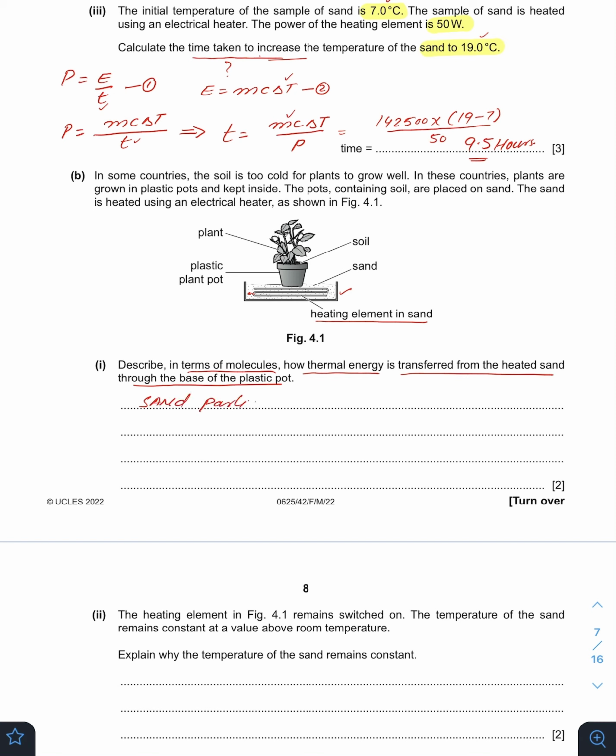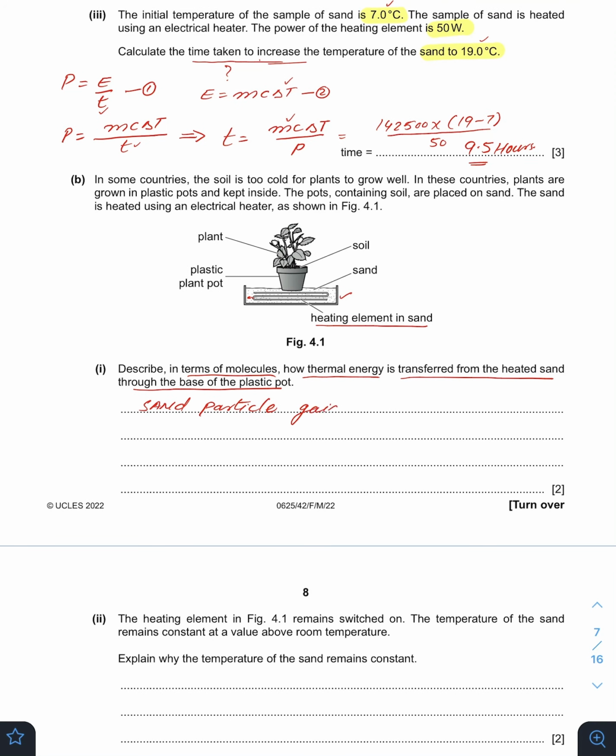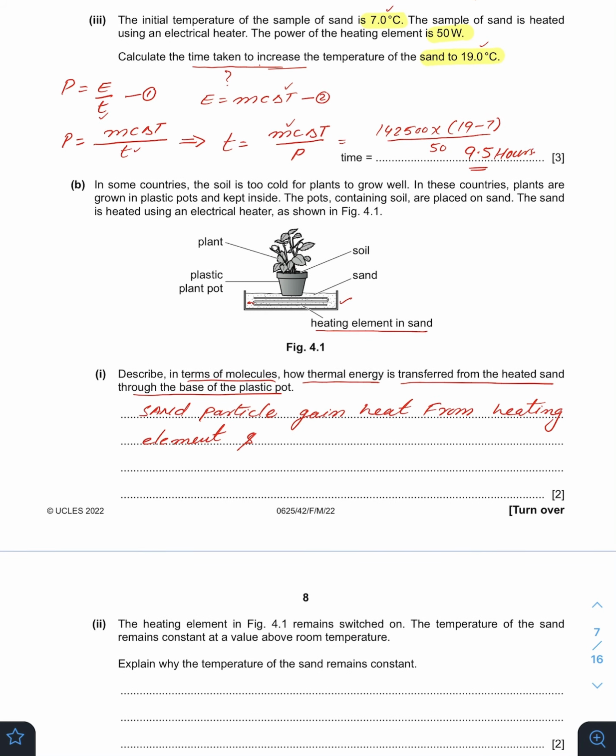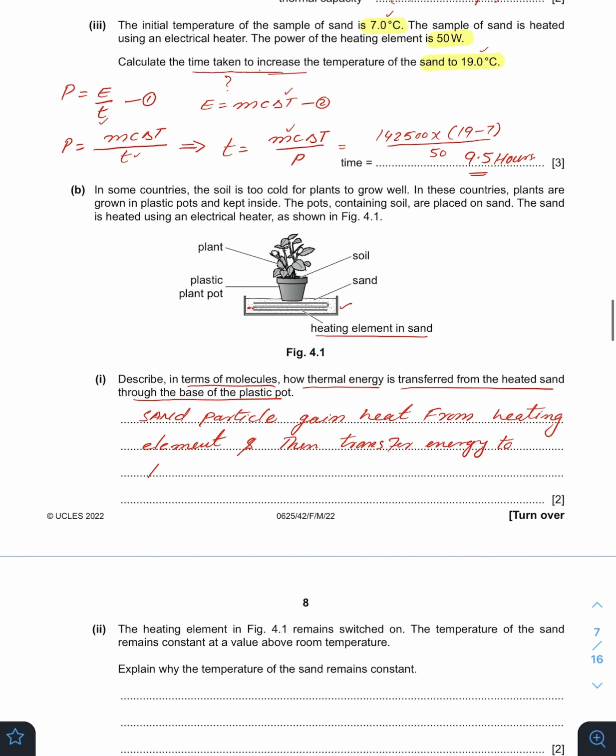Sand particles gain heat from the heating element, and then transfer energy to the plastic pot molecules.